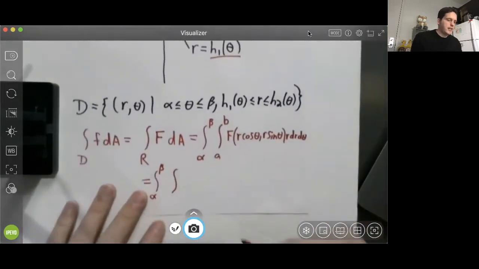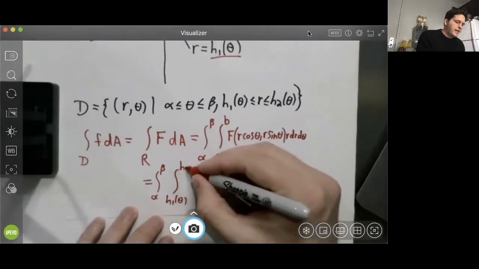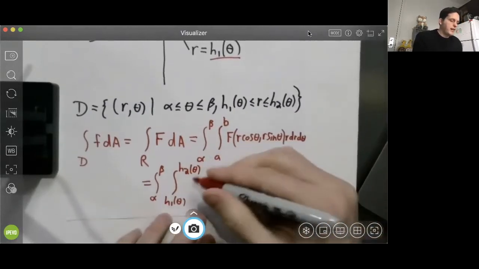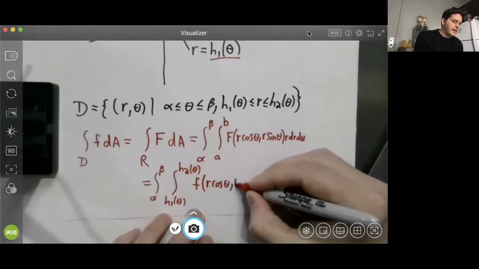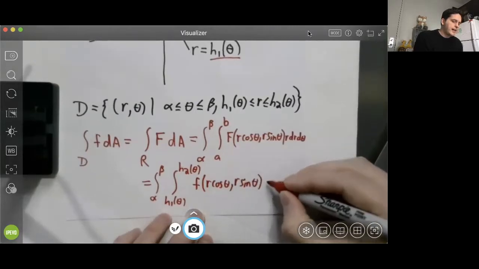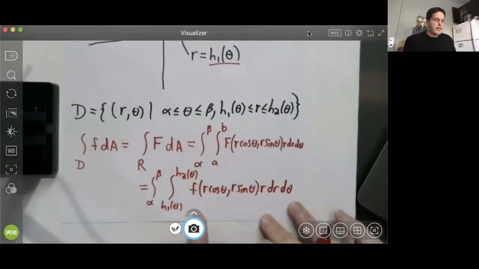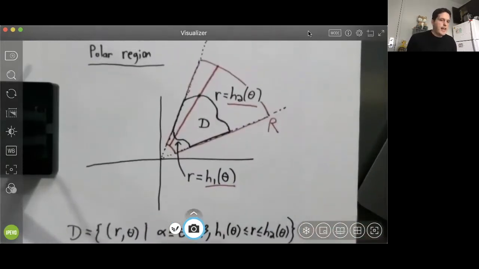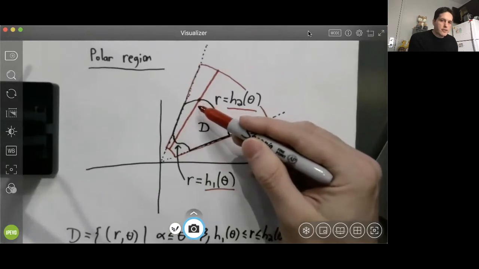So here we're going to integrate from h1 of theta to h2 of theta, and the function that we're integrating is f of r cosine theta, r sine theta, r dr d theta. And why do I have lowercase f here instead of capital F? That's because at every point along this range, at every point along this line segment, capital F is equal to lowercase f.